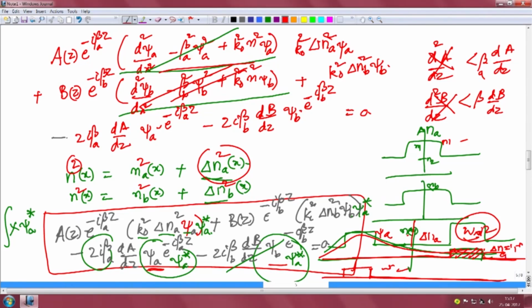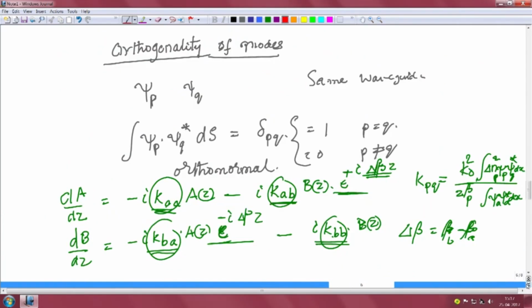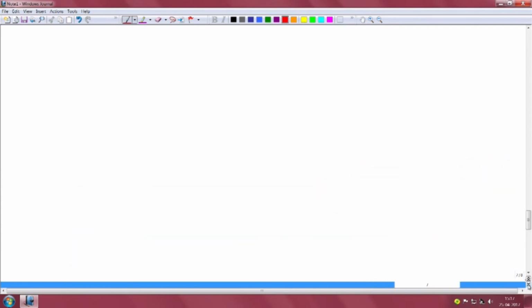In contrast to that, the constant k a b contains the mode field psi a, the mode field psi b which is in this region, and the perturbation delta n a. So, the product of delta n a, psi a and psi b is what is appearing in k a b. The product of psi a which is very small here, and once again psi a which is again small here, and another small quantity is there here. So, we can argue that these coefficients are small compared to the other two coefficients, and we get a very simple set of differential equations for the mode fields.